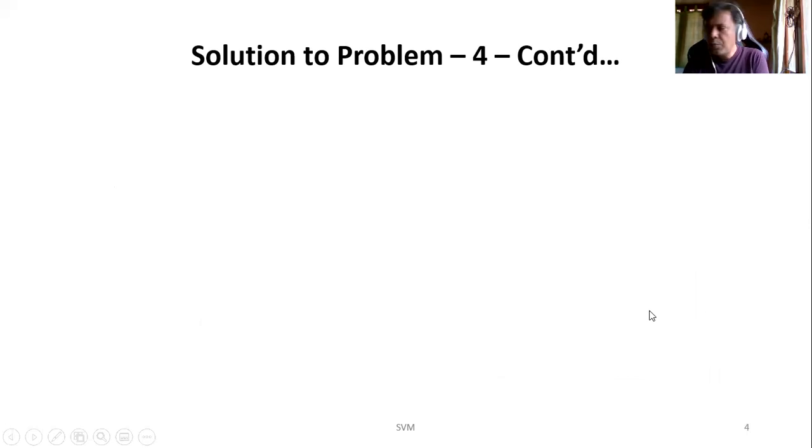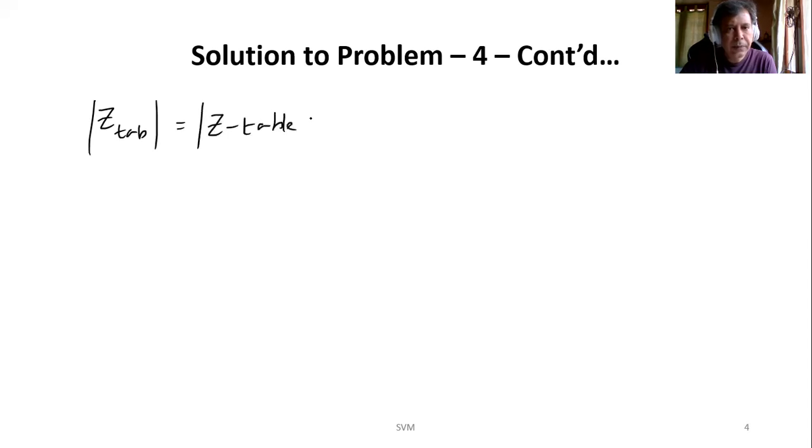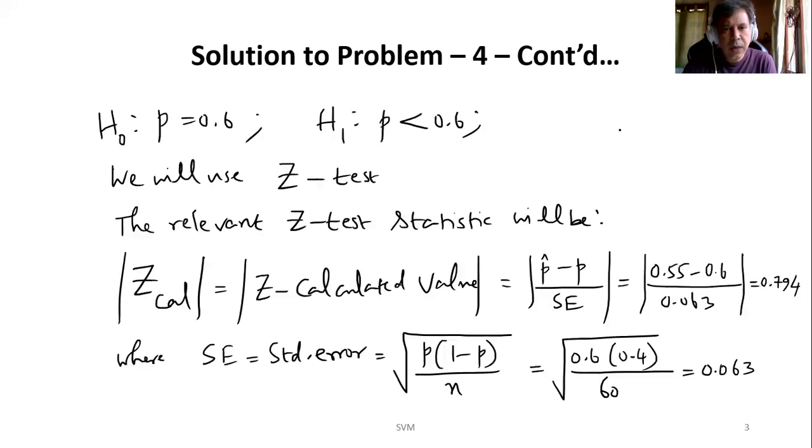Now, for 2% significance level, what is the Z table value? Z tab under modulus, which is the Z table value, at 2% level of significance for a one-tailed test. This is a one-tailed test here, because it is focused on one side only, the less than side.